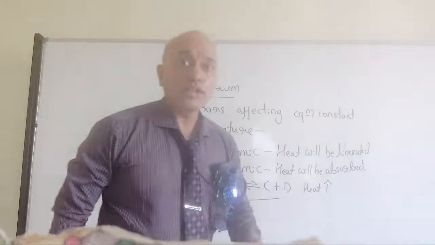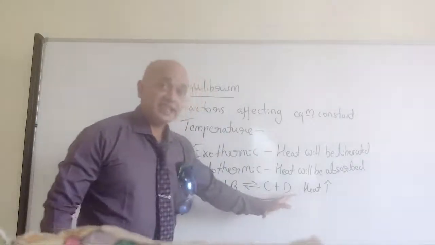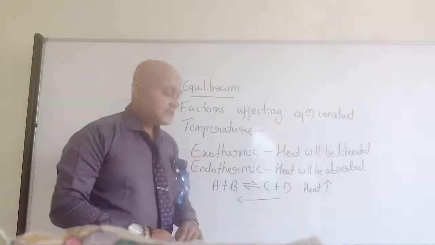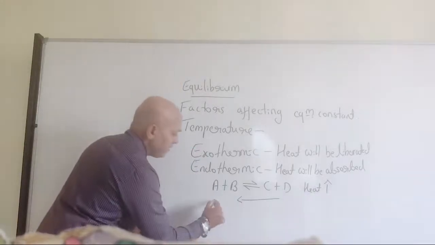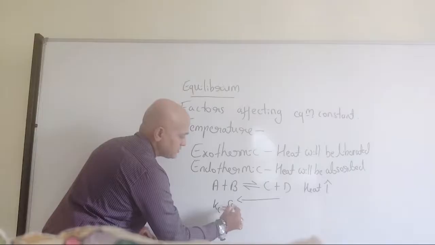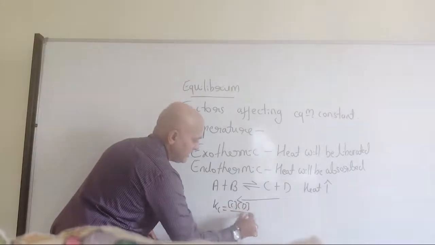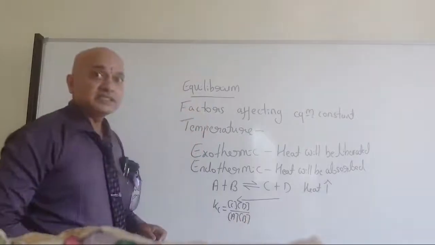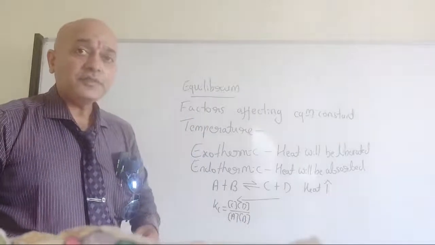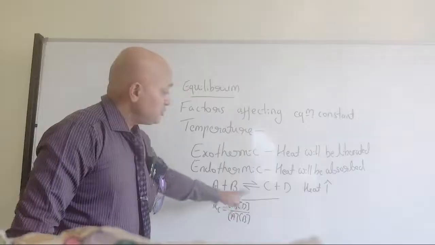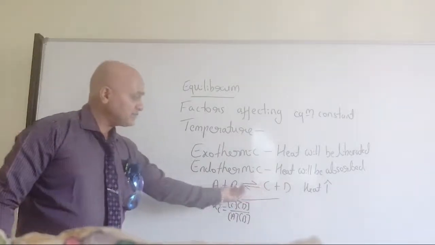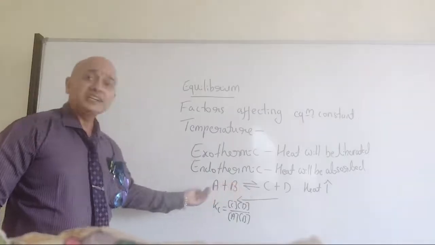Whatever the forward reaction is, based on that we have got the equilibrium value. According to that, Kc is equal to C into D divided by A into B. This is the equilibrium constant value. Now, due to the supply of heat from outside, naturally the reaction will push towards the backward direction.